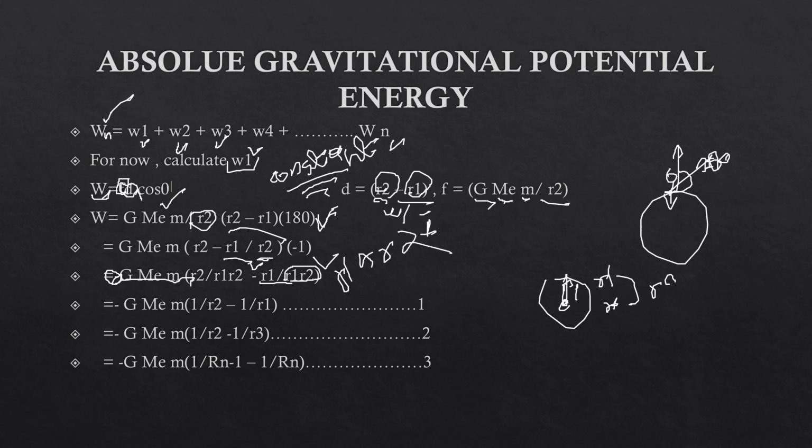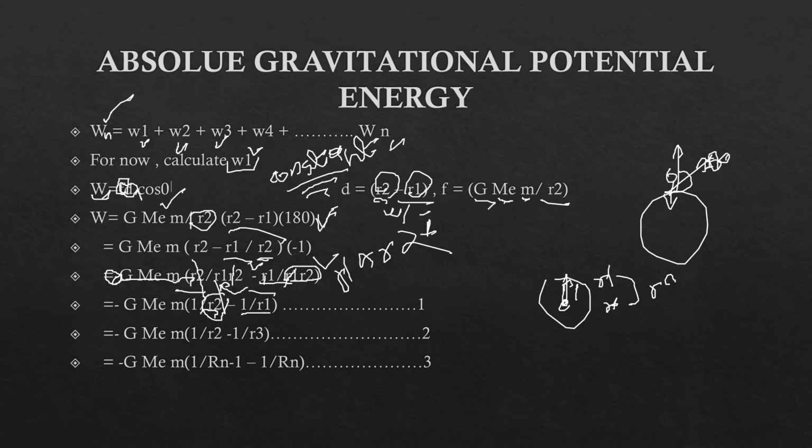Now let's move to the other equation. Here we multiply the R1 and R2 with R2 minus R1. This R2 is cancelled with this R2, and this R1 with this R1, and we get 1 upon R2 minus 1 upon R1. We set it this way because we know that the greater value is R2, so we have transferred it here.